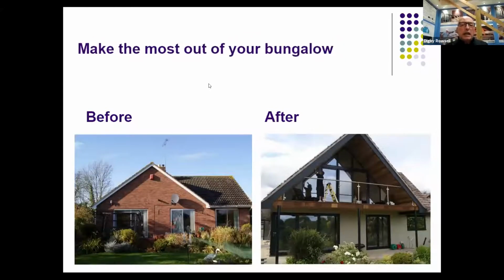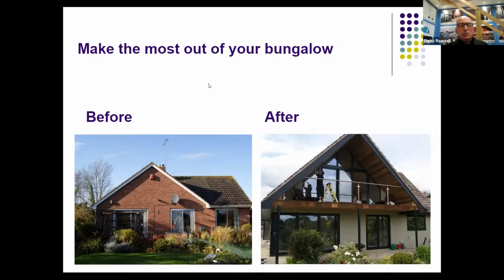This is again a 1980s truss roof bungalow. And the left-hand photograph shows the starting point. And the homeowners had got several planning consents for the site. They'd actually considered knocking it down and doing a replacement dwelling, but the cost of that was so high compared to the starting value of the site value when you take the bungalow value into account.